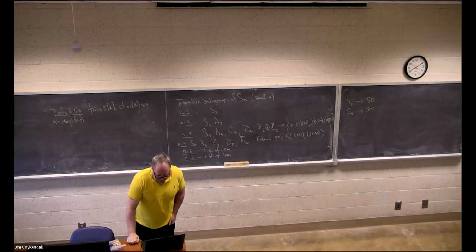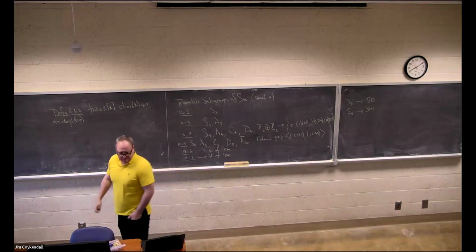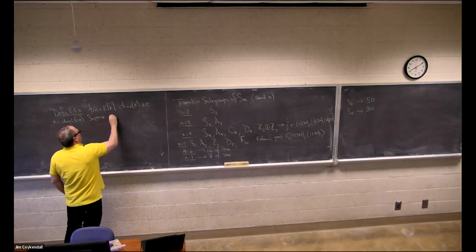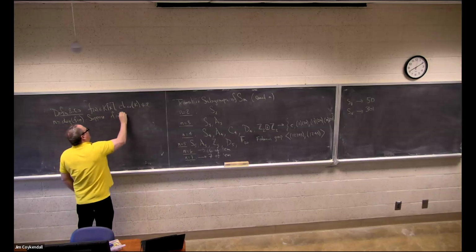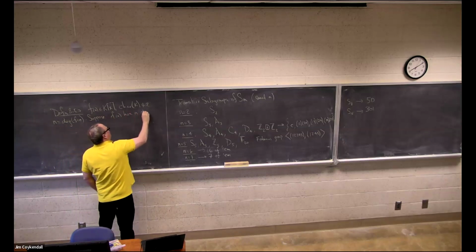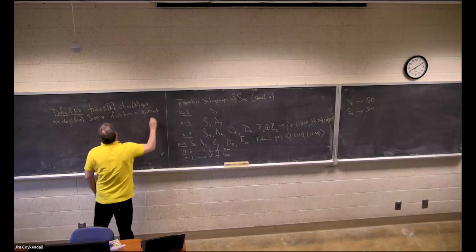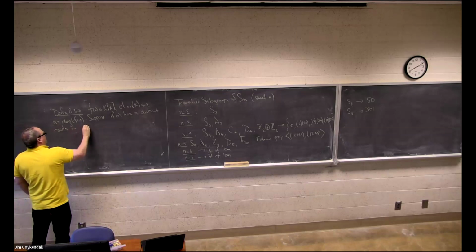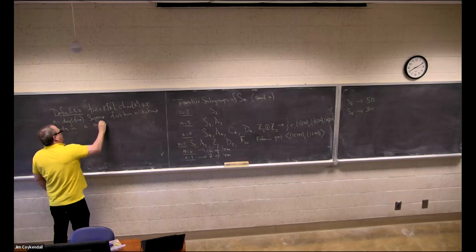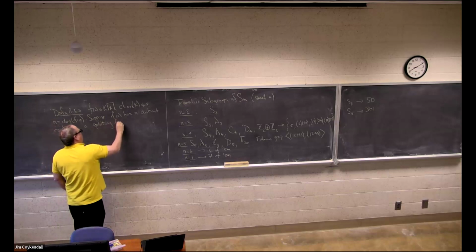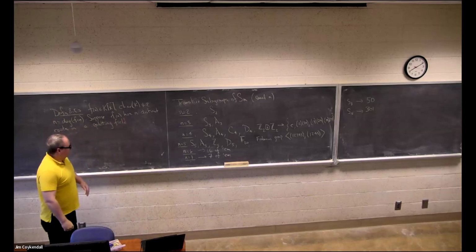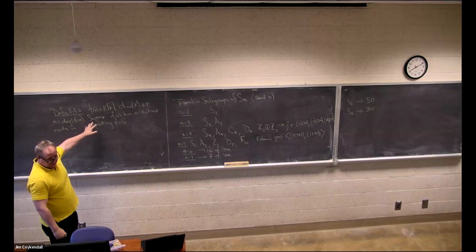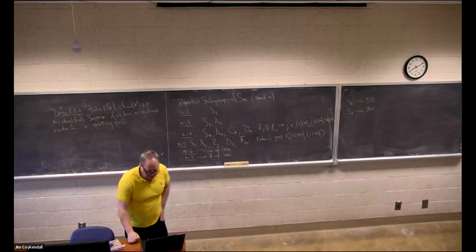Suppose that f(x) has n distinct roots in some splitting field. So in particular, if f(x) is irreducible and the characteristic is 0, then this will always be satisfied.